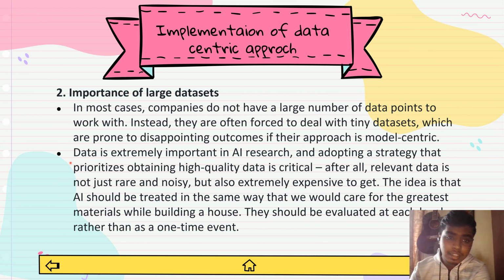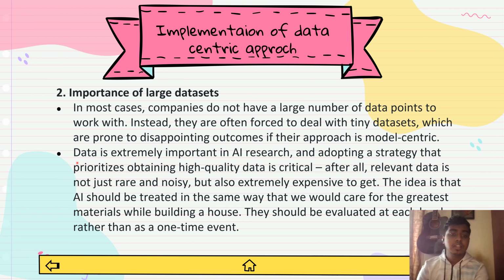This is the second approach for implementing a data-centric approach. The second approach is the importance of large datasets. This data-centric approach gives more importance to large datasets. In most cases, companies do not have a large number of data points to work with. Instead, they are often forced to deal with tiny datasets, which are prone to disappointing outcomes if their approach is model-centric.